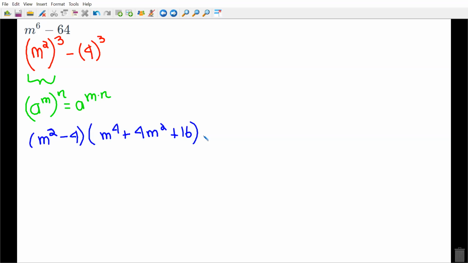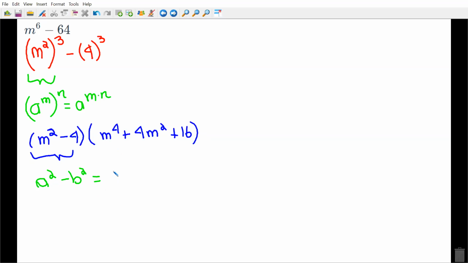And some people can think, teacher, I already finished. But you haven't finished because the first term is not factored. And how do you factor the first term, guys? Remember that we talked about a squared minus b squared. This was called a difference of squares.